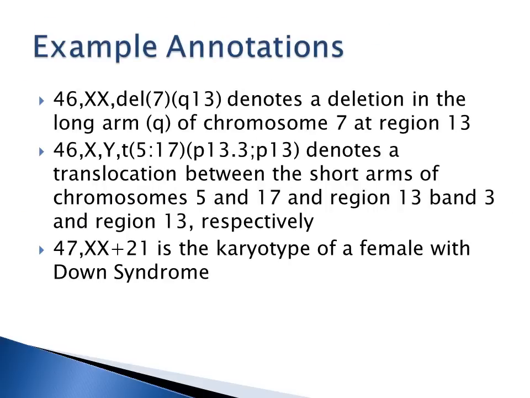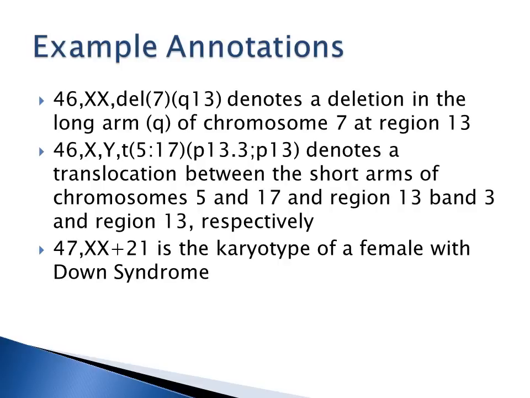Annotations of genetic abnormalities include 46,XX,del(7)(q13). And this denotes a deletion, the del, in the long arm, which is q, of chromosome 7 at region 13.